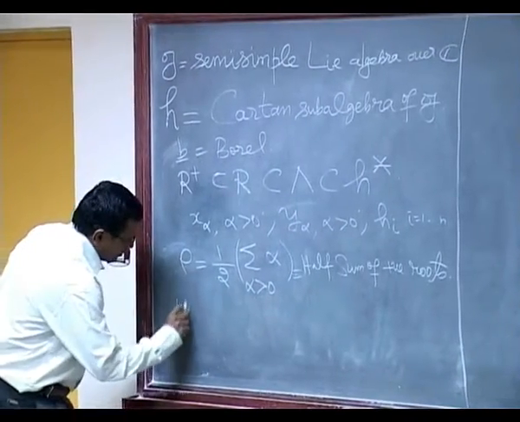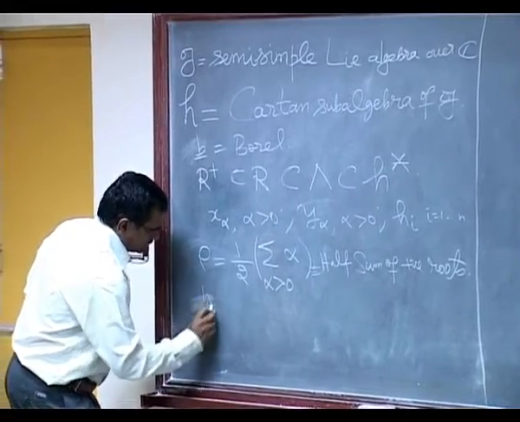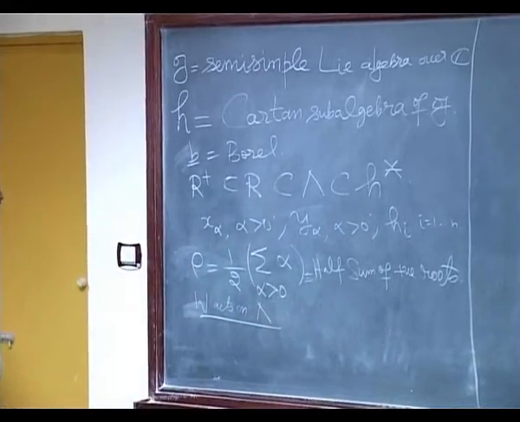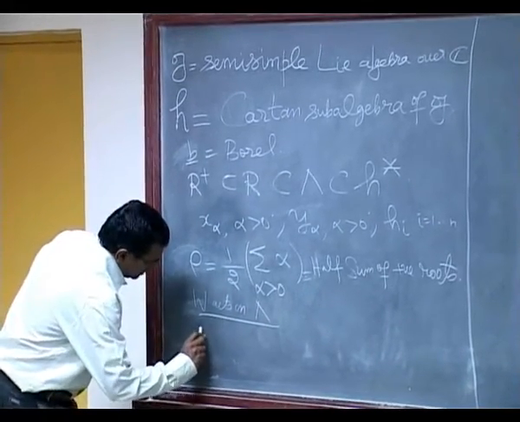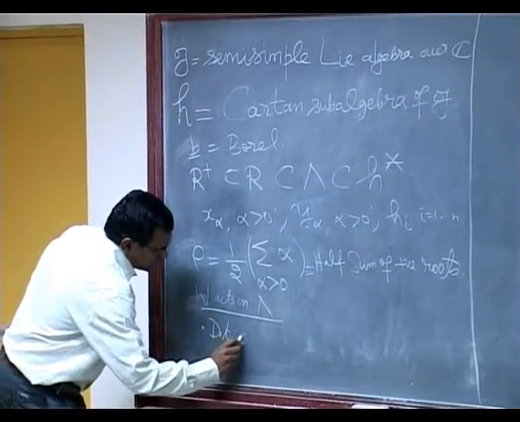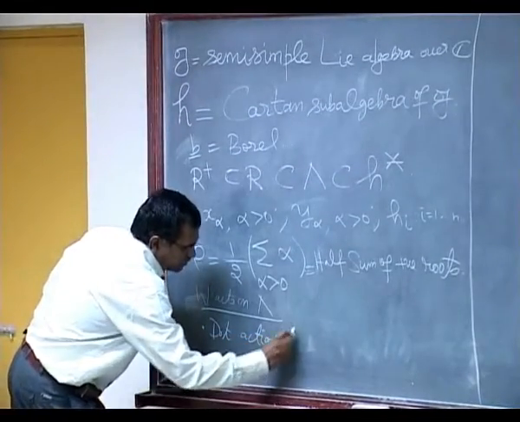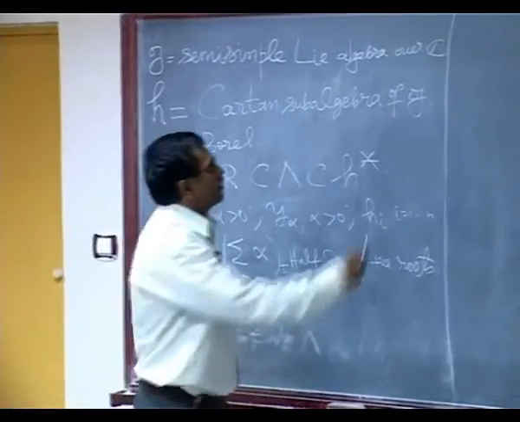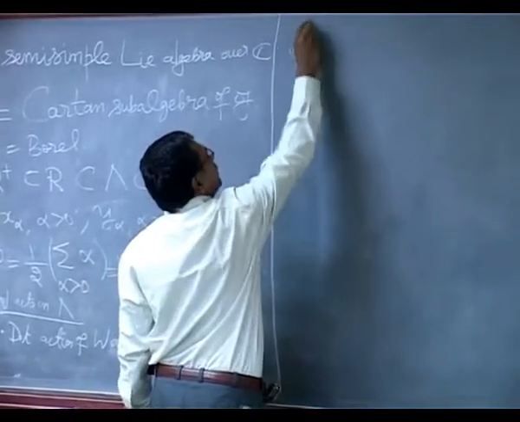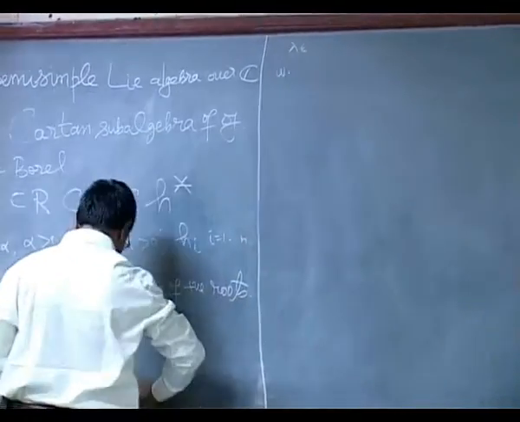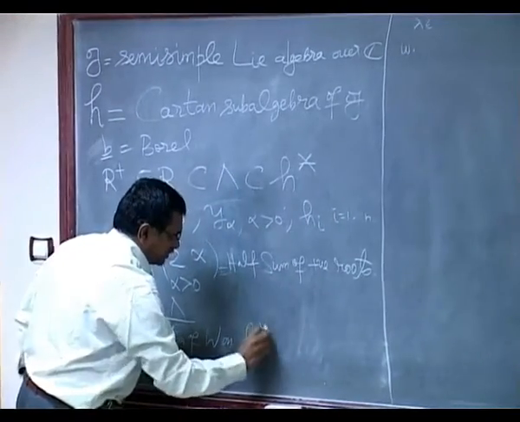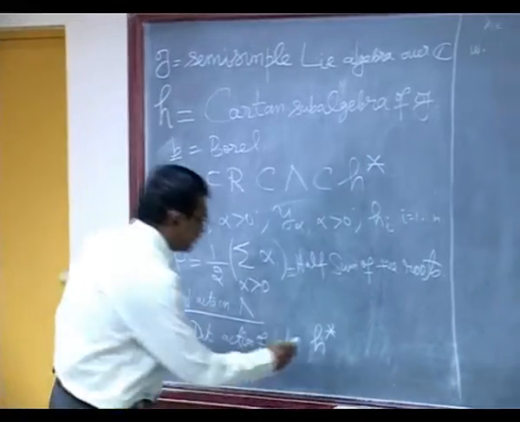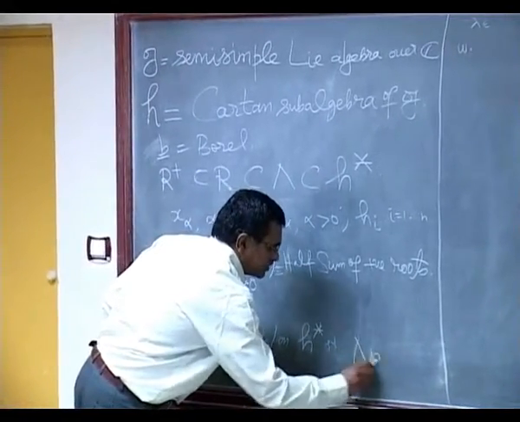then you have the W, the Weyl group, of course, the Weyl group acts on H and lambda also. So, the dot action of W on lambda. So, what does it mean? Lambda in H star, entire H star.